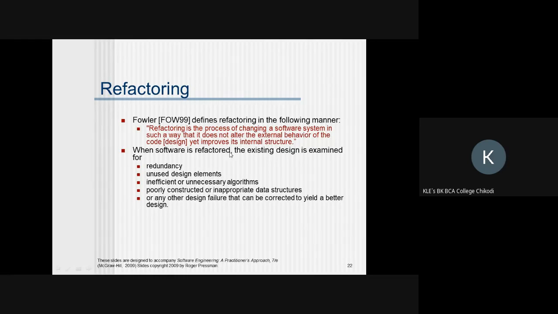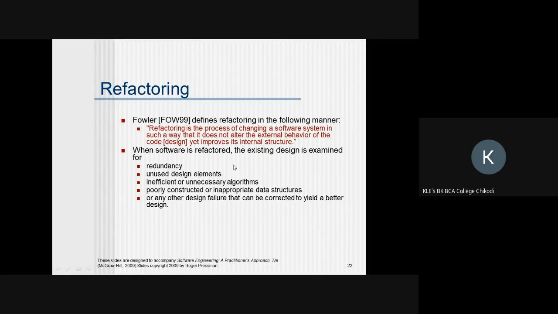When software is refactored, the existing design is examined for redundancy, unused design elements, inefficient or unnecessary algorithms, poorly constructed or inappropriate data structures, or any other design failure that can be corrected to yield a better design.